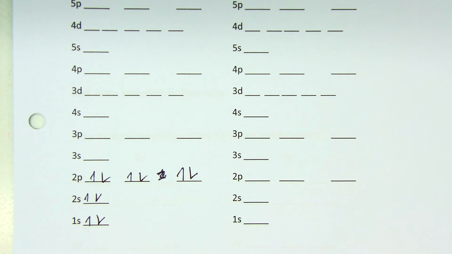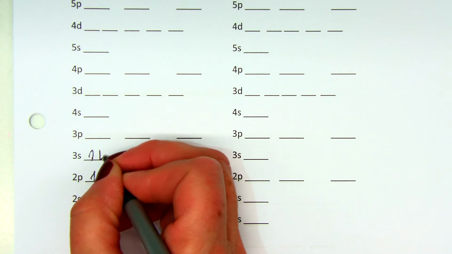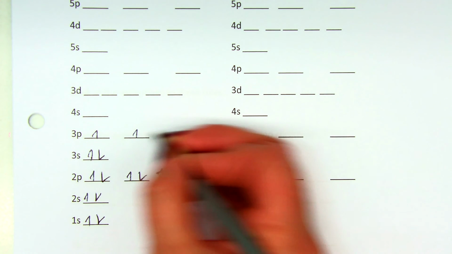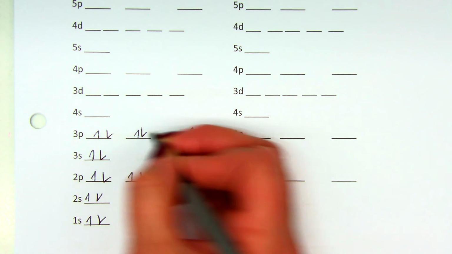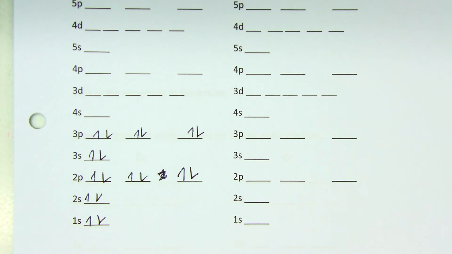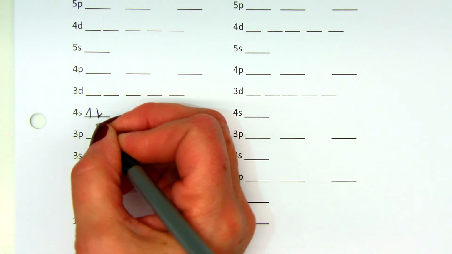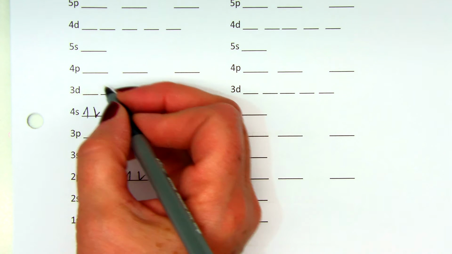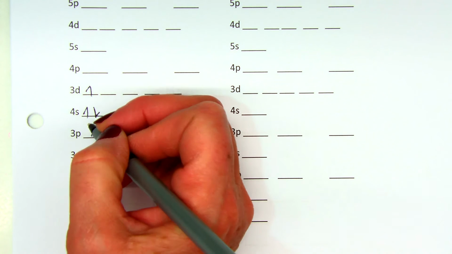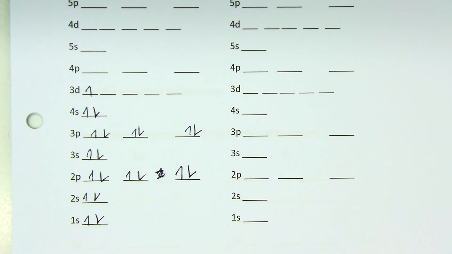That gets us up through neon. 11, 12 in the 3s. 13, 14, 15, 16, 17, 18. 18 fills the 3p, gets me up to argon on the chart. 4s, 19 and 20 gets me to calcium. Now the 3d, 21. And again, the 3d fills after the 4s because it's lower in energy.